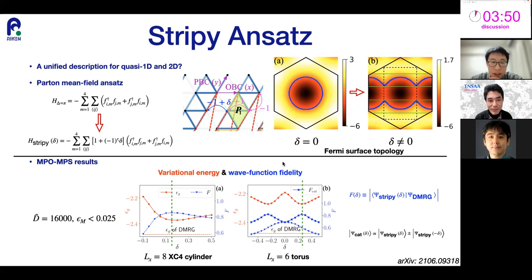You mean this parton ansatz only suits maybe the even-width cylinder?